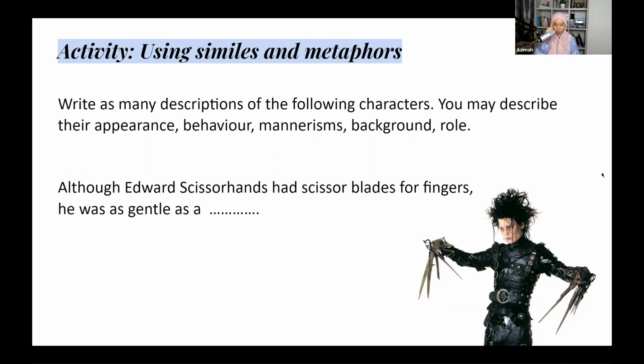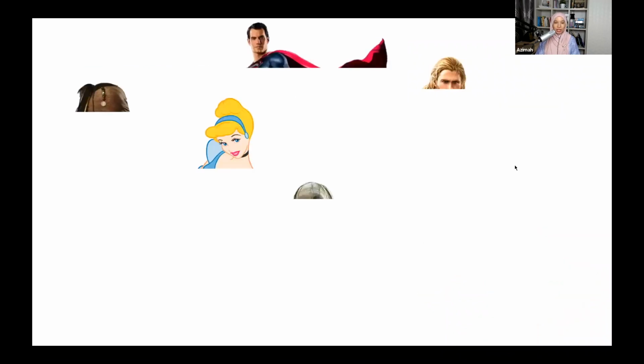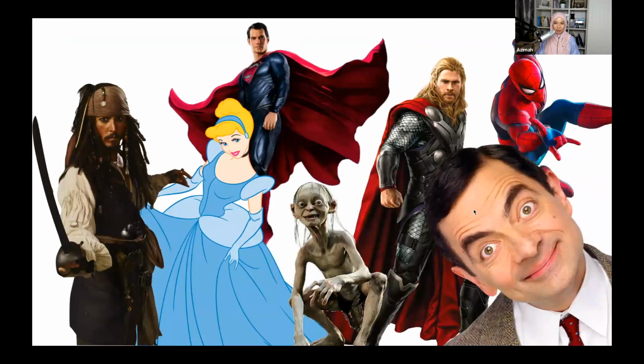Okay. So what you're going to do now, as best as you can, write similes or metaphors related to these characters. All right. So we've got Jack Sparrow. We'll go to the classic Cinderella. If you like comics, let's go to Superman or Marvel, Thor, Spider-Man, and Gollum, if you're familiar with Lord of the Rings.